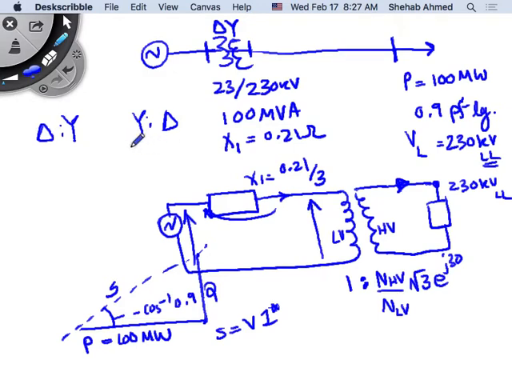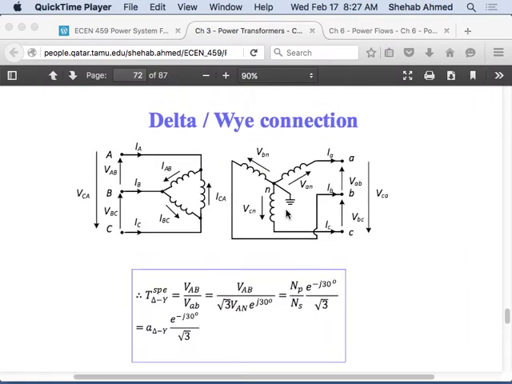So if this was e to the j30, so it's leading by 30 degrees, and it was n primary over n secondary, and it was square root of 3 to 1. This was the ratio for the star delta transformer, right? Go back to the star delta.